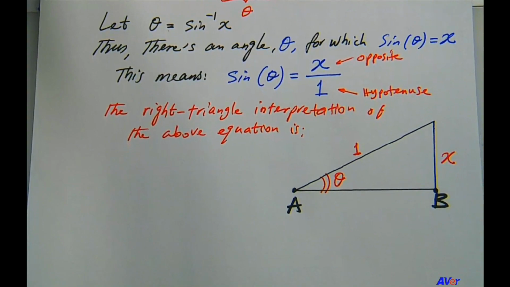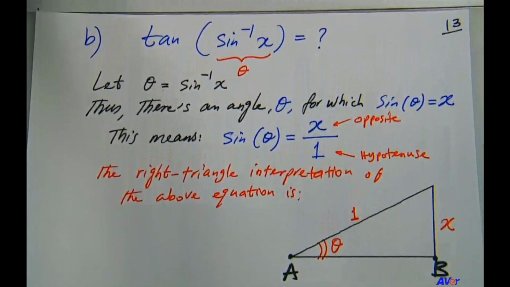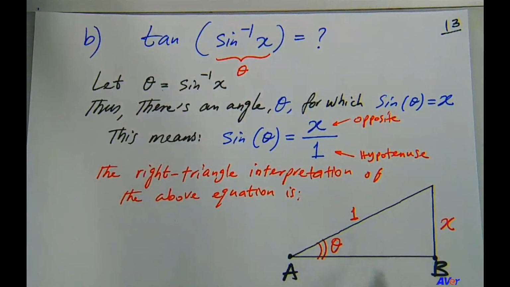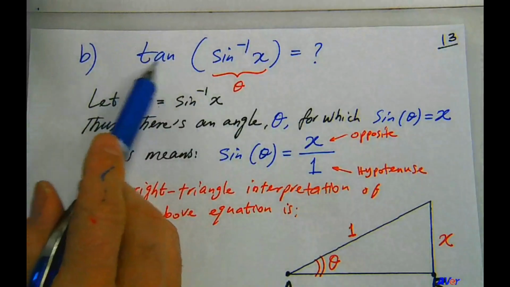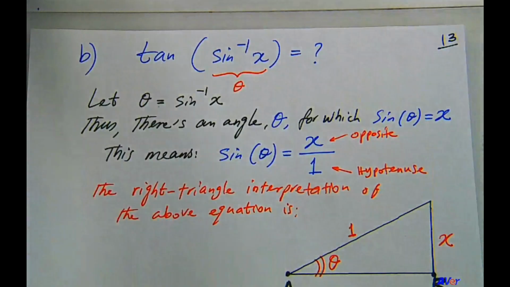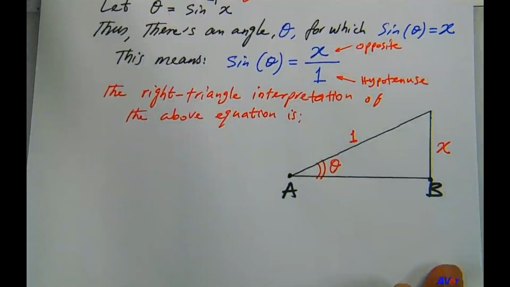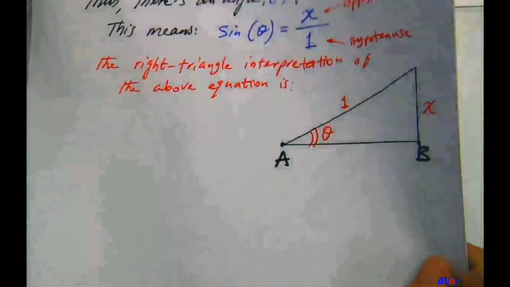All right, so now we have our geometric interpretation of the original question. Now all we have to do is find the tangent of theta using this right triangle.